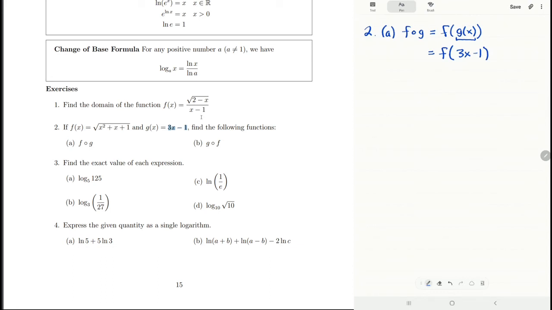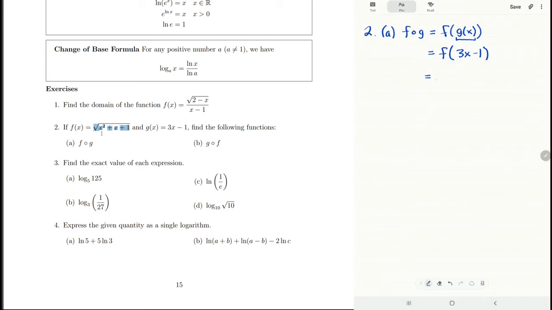And so now we want to evaluate f at 3x minus 1. So our f of x is the square root of x squared plus x plus 1. So wherever we see an x in our function, we're going to replace it with a 3x minus 1.